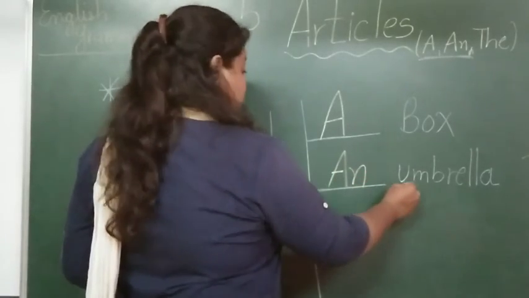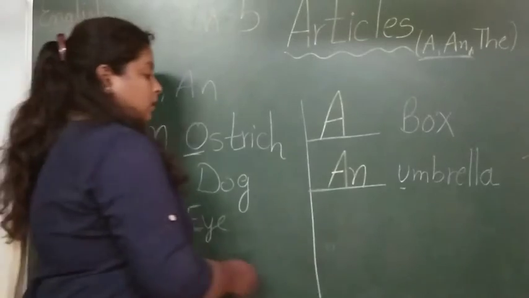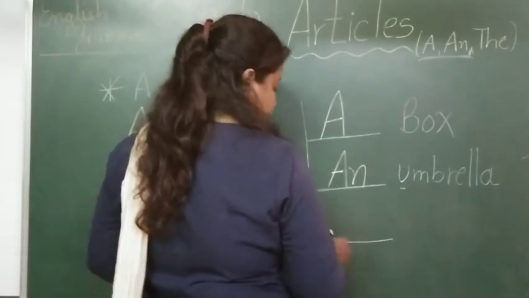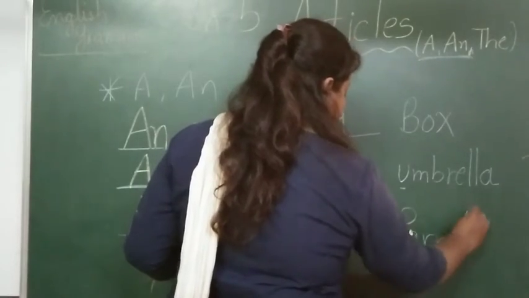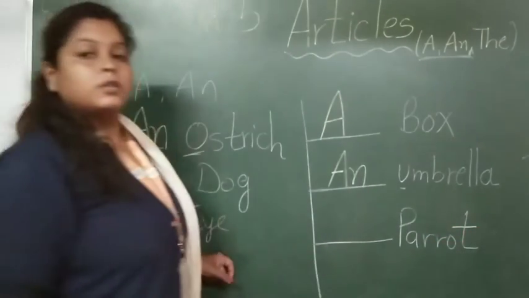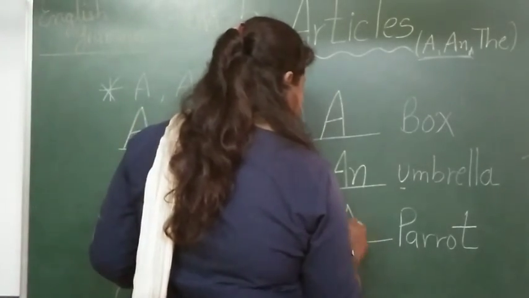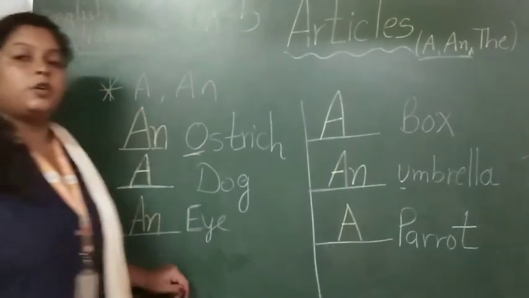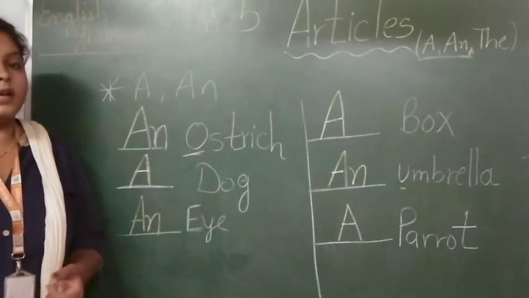An, because U is there and U is a vowel. Next, parrot. Parrot starts with P, so we will write the article a over there. Okay. So here we have seen how to write the articles a and an.